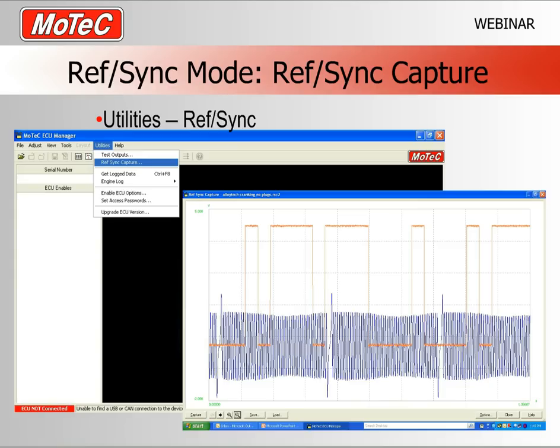On this one there is a blue trace for the ref and an orange trace for sync. It might be disjointed on some of your screens, but that's the sort of idea that you'll get. From this information, we can tell what the pattern is, how many teeth on the crank, what type of sensors they are, etc., to back us up to make sure that we have entered the information correctly.